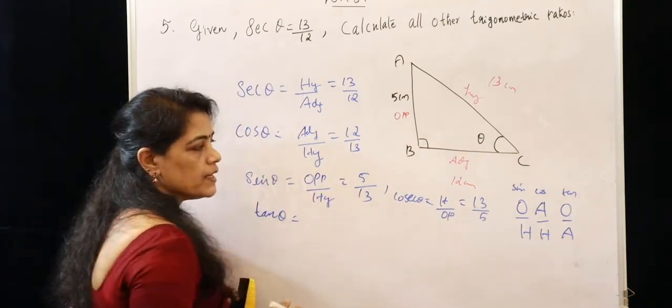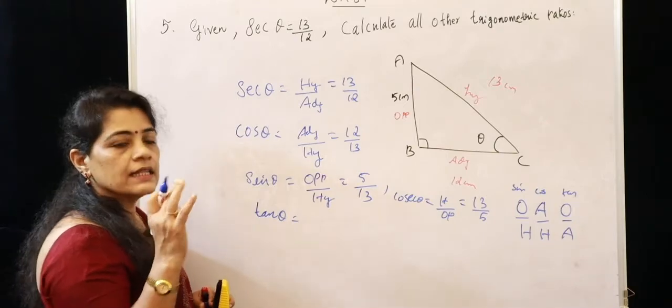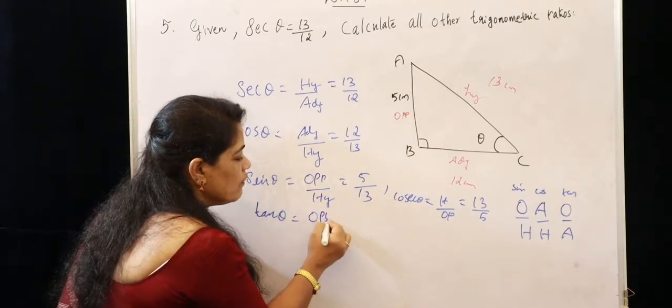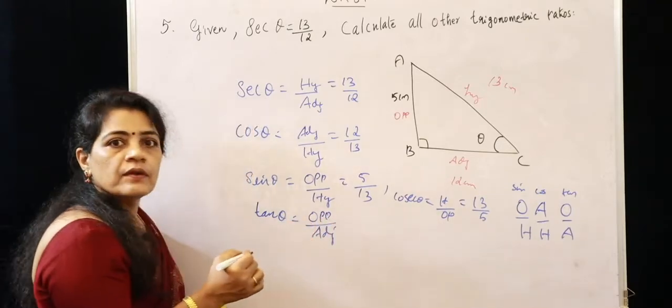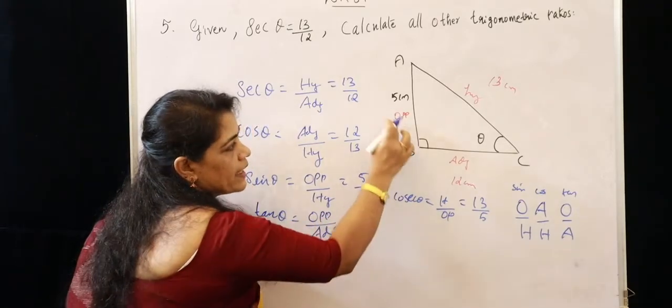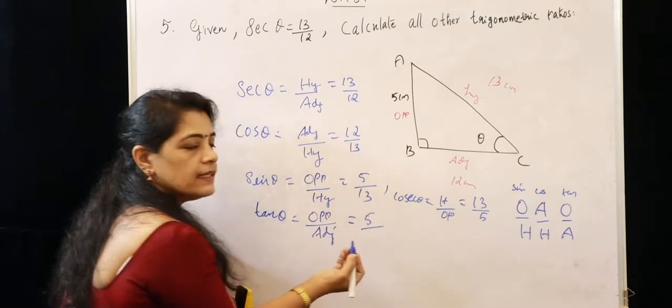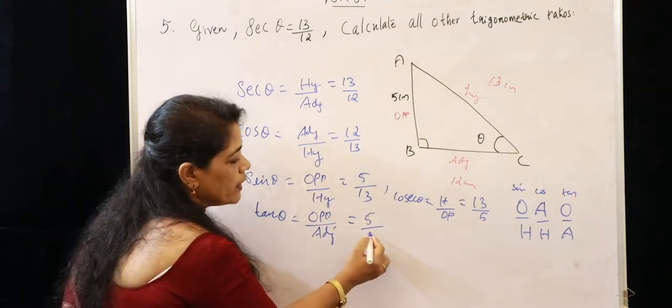Then the third basic trigonometric ratio is tan, that is opposite side divided by adjacent side. The opposite side is 5 and the adjacent side is 12.